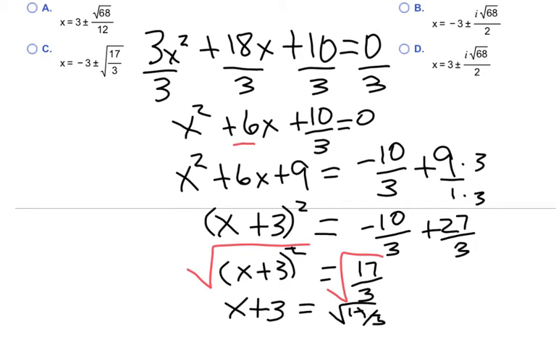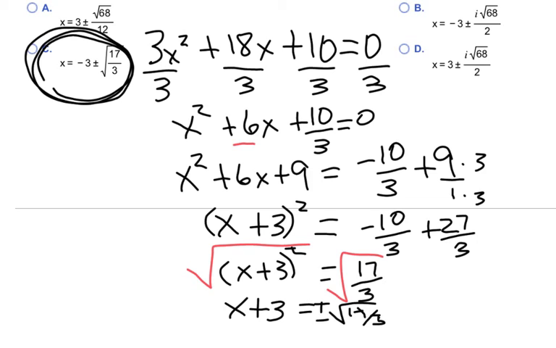So the last step is to subtract 3, and that's plus or minus. Now when we take the square root, we have the positive or negative version of that when we have the square root of 17 over 3. So the last step is to subtract 3 from both sides so that you get it to say x equals. So if we do that, we will have a negative 3 because we'll have to subtract that 3. So we'll have a negative 3 plus or minus the square root of 17 over 3. That's that answer right there.